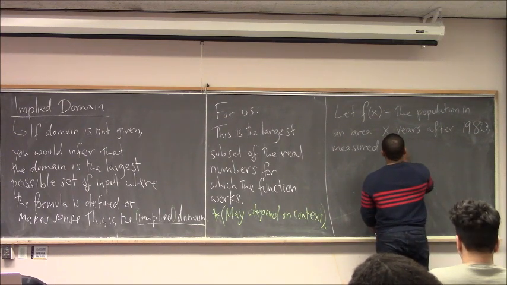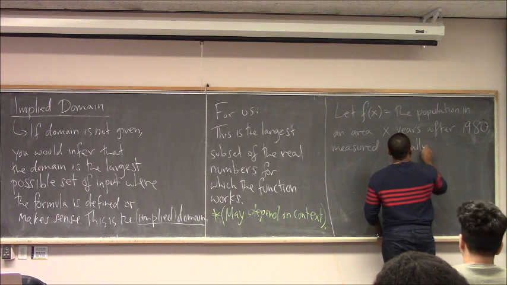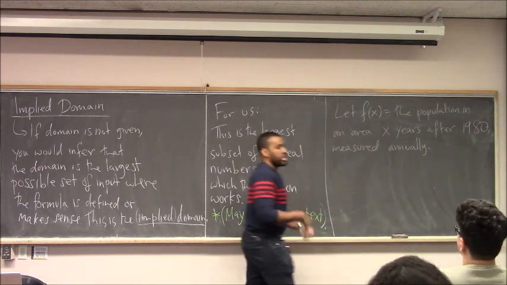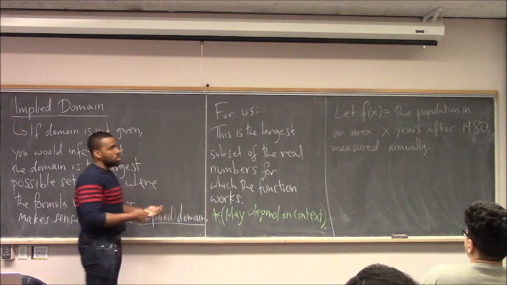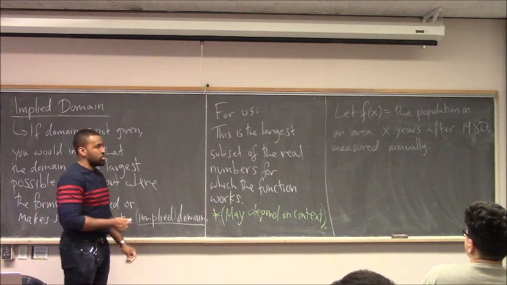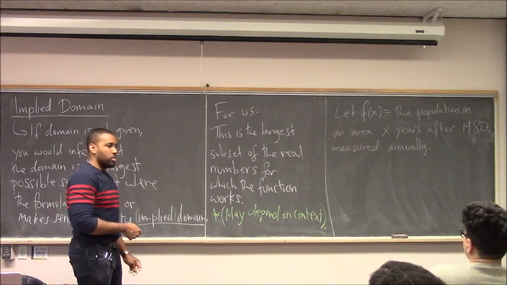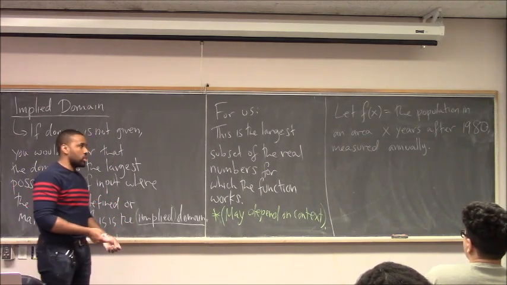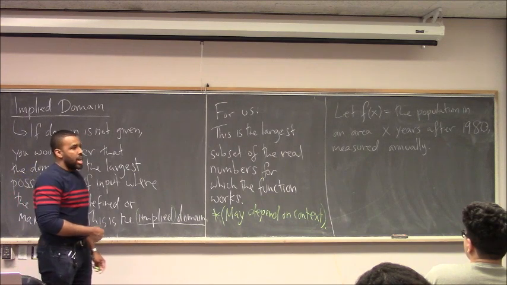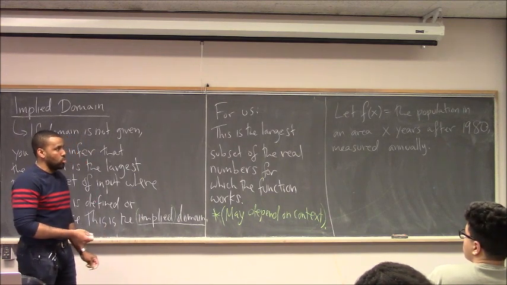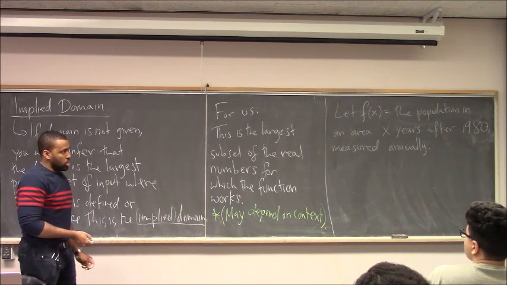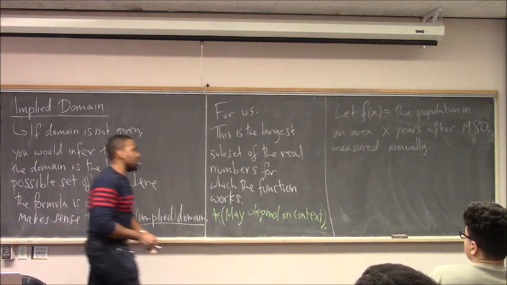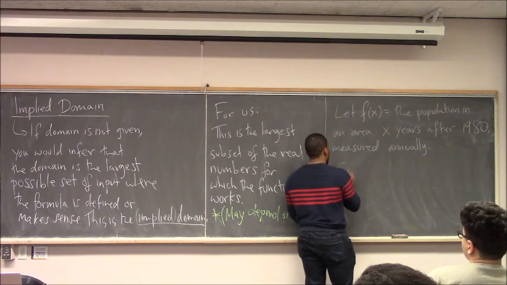Measured annually. So let's say this is something, right? You guys are in charge of some sort of census mission in a certain area, and you want a function to measure the population in that area, and you actually take the measurements, you take the census once per year after a certain point, after 1980, right? So here, the context would imply something.